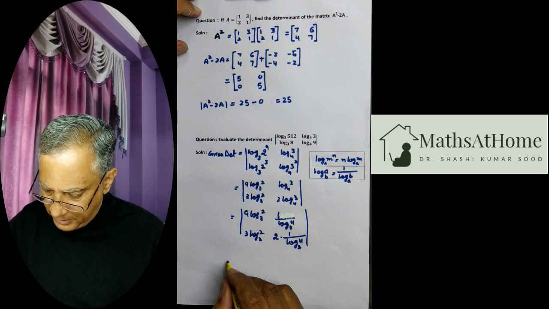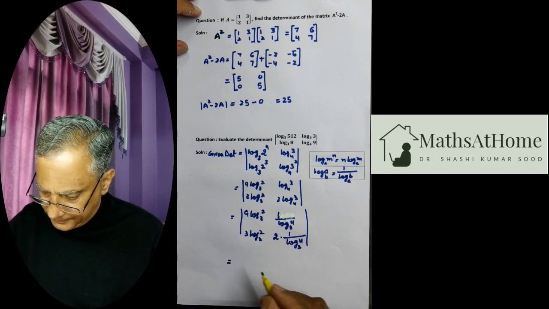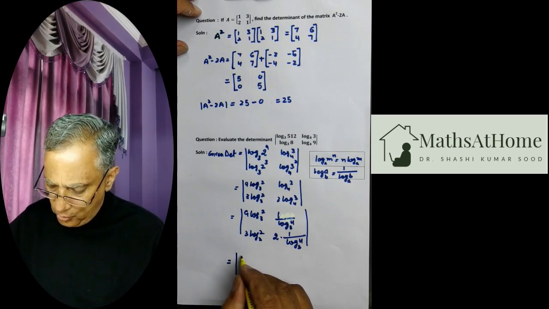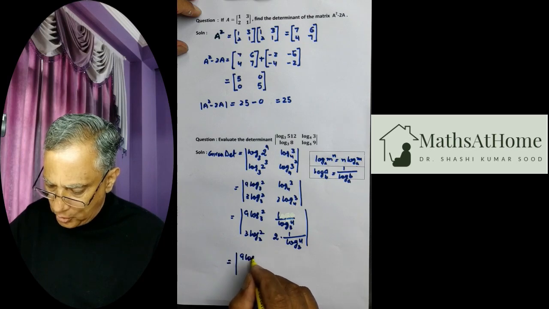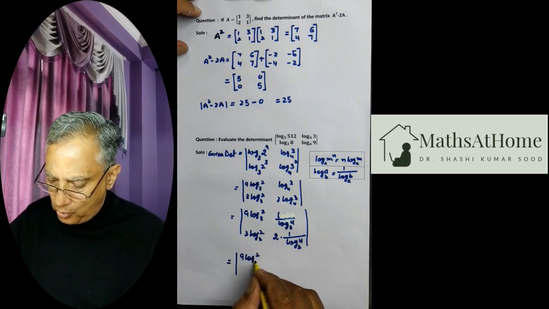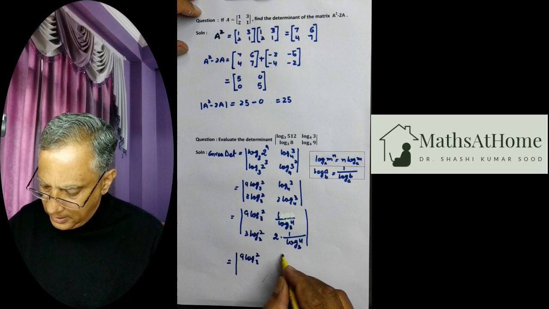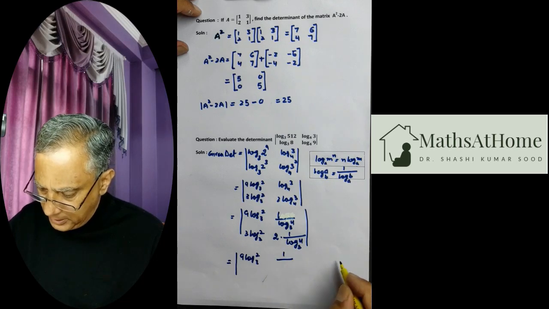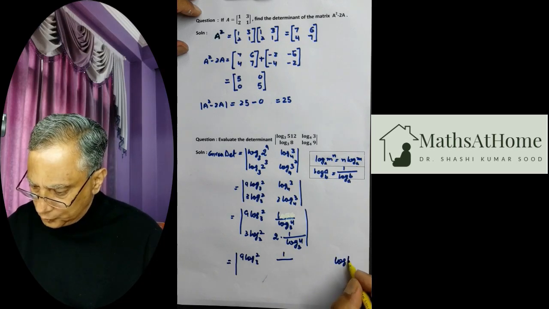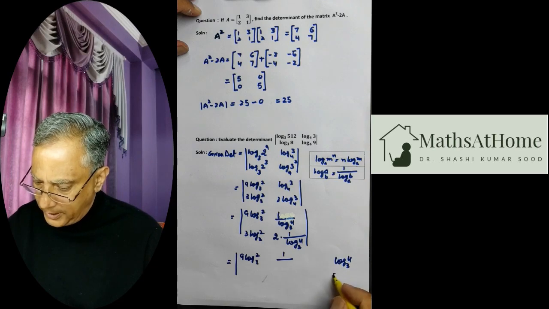So this is equal to 9 log 2 to the base 3, and 1 upon log 4 to the base 3 can be written as 1 upon log 2 square to the base 3.